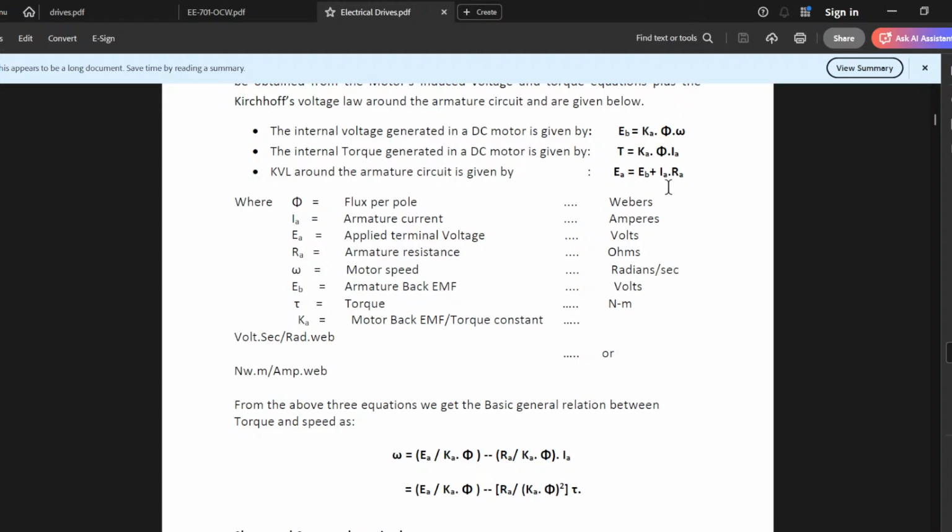So now omega is EA upon Ka phi minus IARA upon Ka phi.